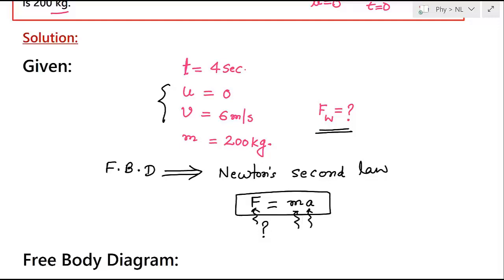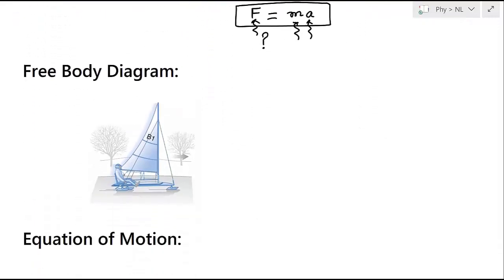So in this case, I have to apply Newton's second law. Let us first draw the free body diagram of this ice boat system. What are the forces that are acting? One force is the weight. Let us show this using a point mass, and the weight is acting in the downward direction, and the magnitude of this weight is mg.